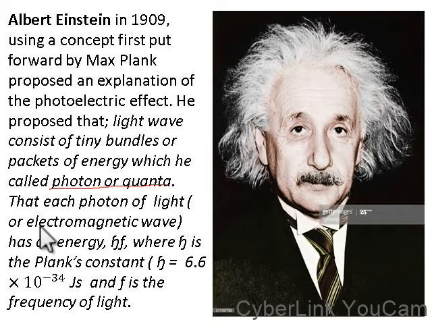That each photon of light or electromagnetic wave has an energy hf, where h is the Planck's constant, 6.6 times 10 to the power negative 34 joule seconds, and f is the frequency of the light.